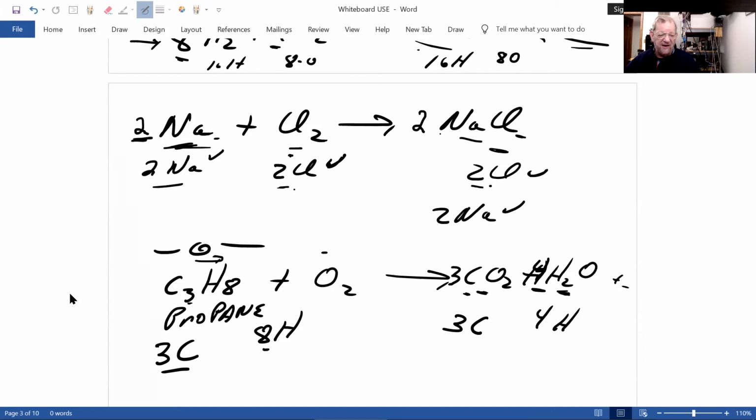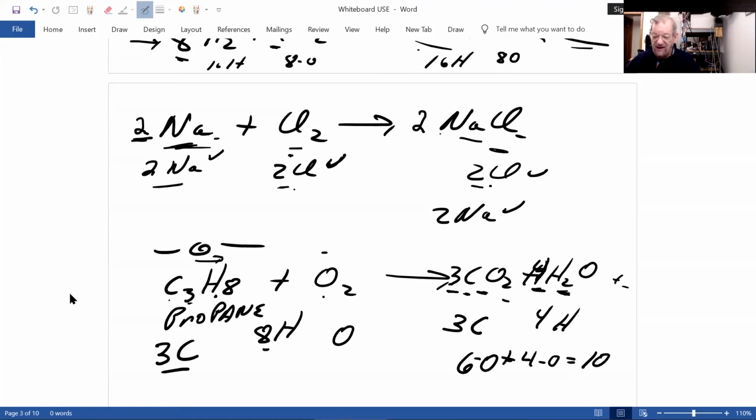So I've done my carbon, done my hydrogen. All that's left now is oxygen. Here I have 2 oxygen. Ooh, how many on this side? Let's look. You do the total. 3 times 2 for CO2 is 6 oxygen. 4 times 1 is 4 oxygen.